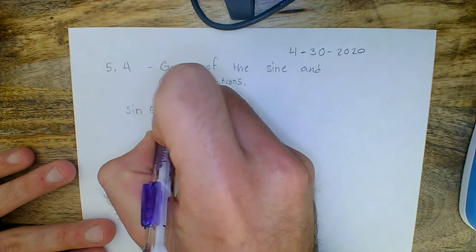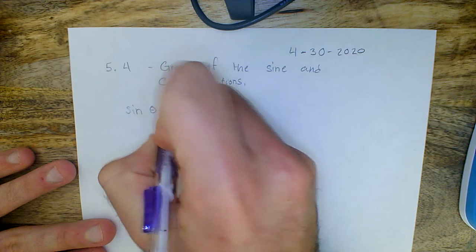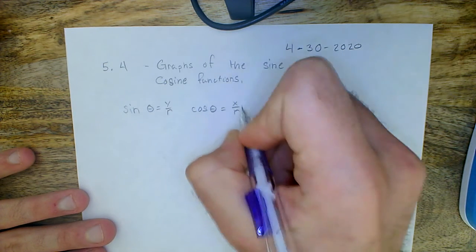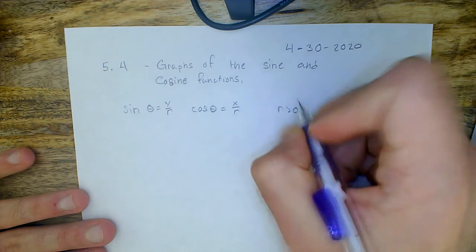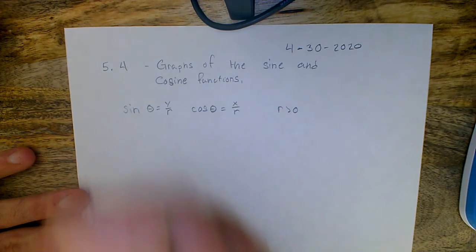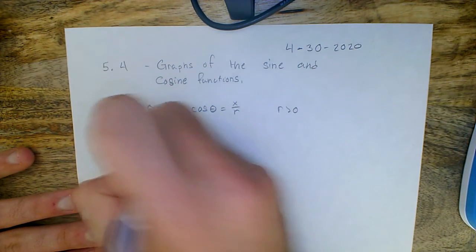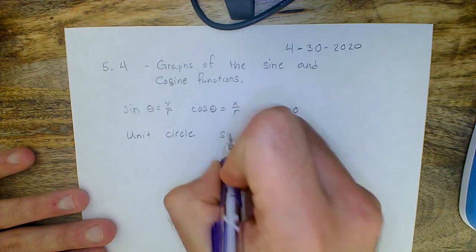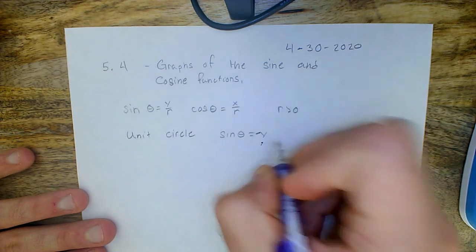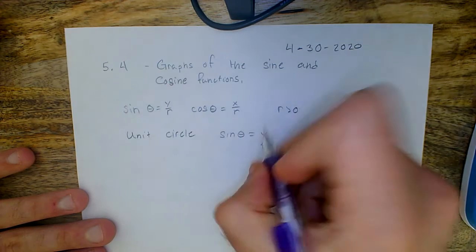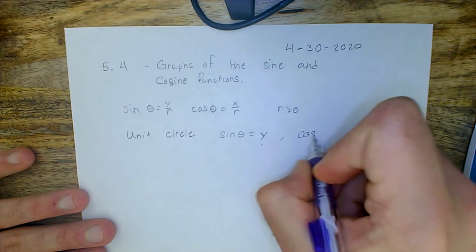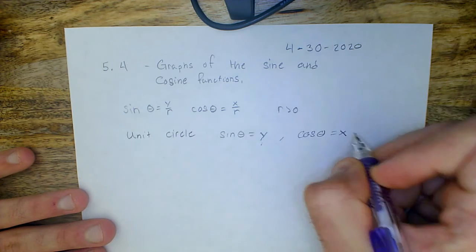Remember, sine theta is equal to y over r, and cosine theta is equal to x over r. And r is always positive. So on the unit circle, the sine of theta is equal to the y coordinate, and the cosine of theta is equal to the x coordinate.